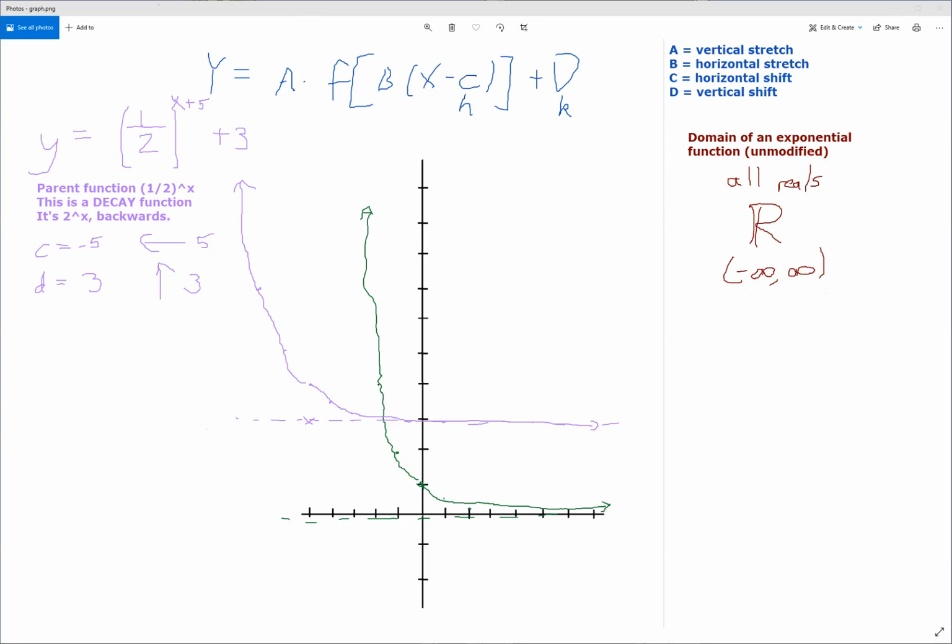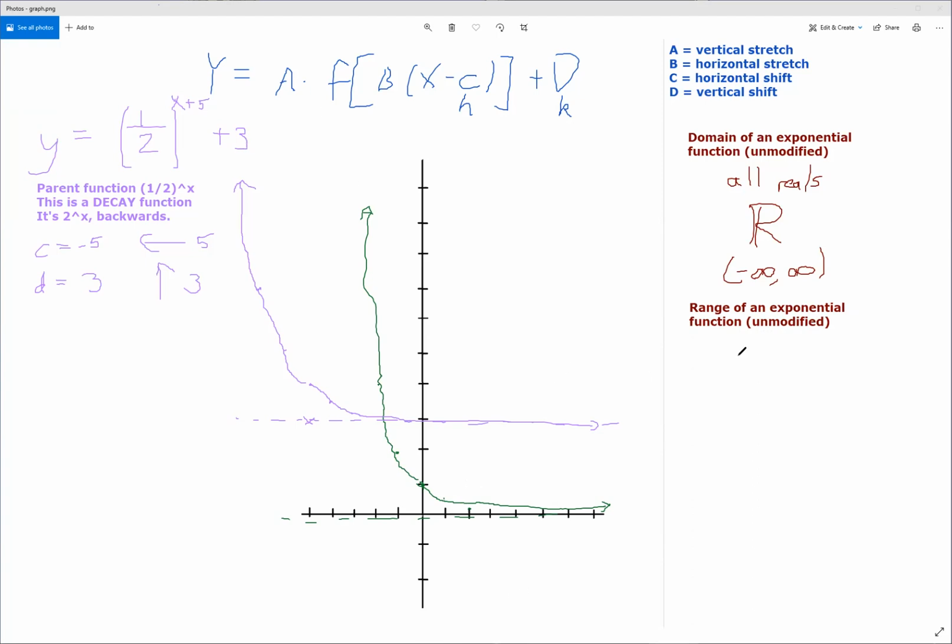Okay, so that's domain. What about the range? The range of an exponential function, unmodified. Well, look at our green graph, because that's an unmodified parent function, right? We can have pretty much any positive number, but we can't have 0. We never touch 0, and we certainly never have a negative number.